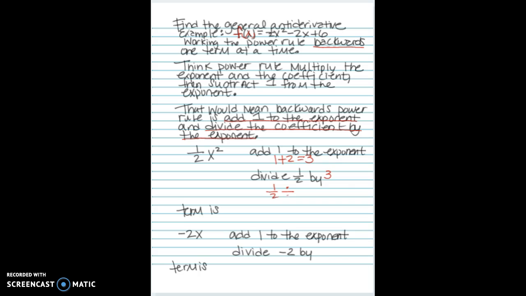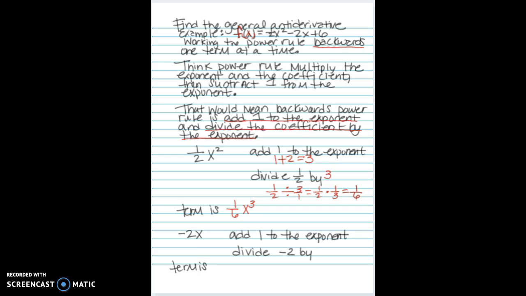So 1/2 divided by 3 equals 1/2 times 1/3, because it's a fraction, equals 1/6. So the term is actually 1/6 x cubed. If I take the derivative of 1/6 x cubed, I will get a derivative of 1/2 x squared.